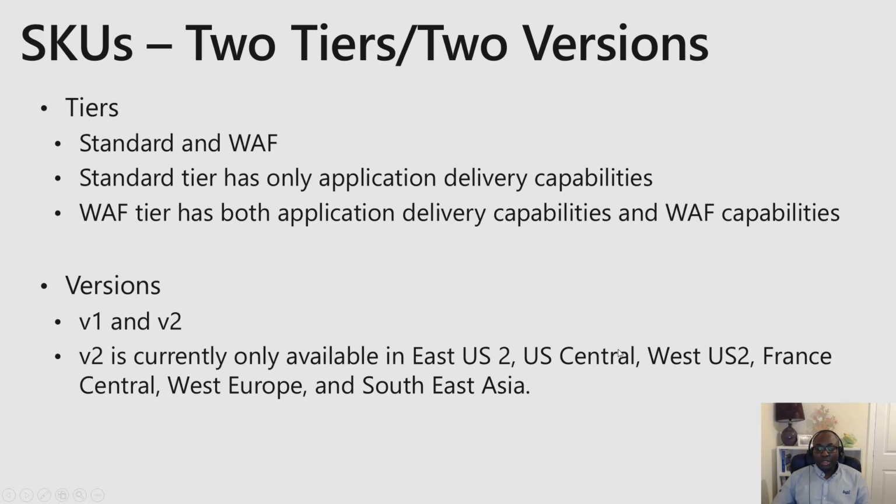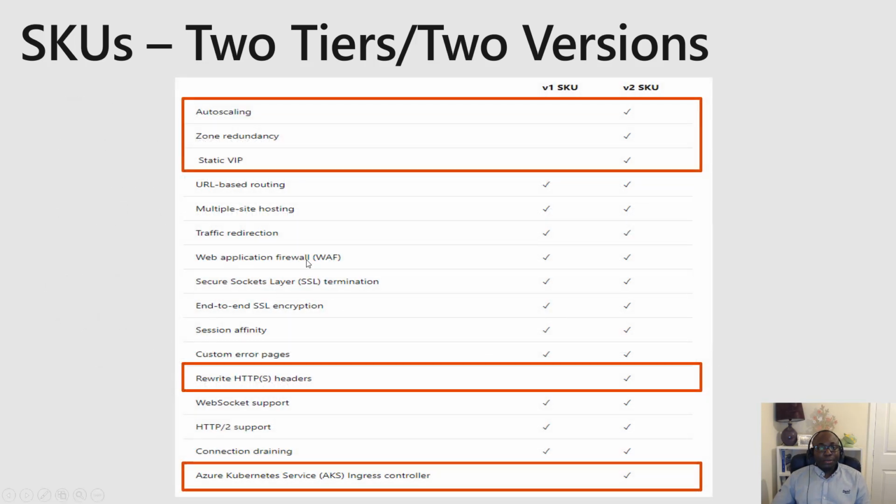There are still limitations in terms of the regions available, but that's going to roll out globally as time goes on. So here are the capabilities of version 1 and version 2. Auto scaling capabilities are only available in version 2. Things like zone redundancy.